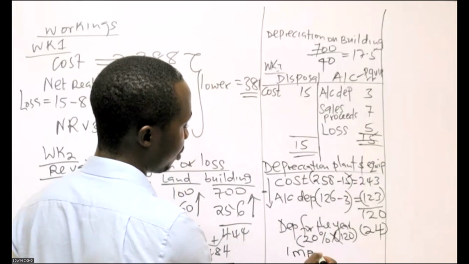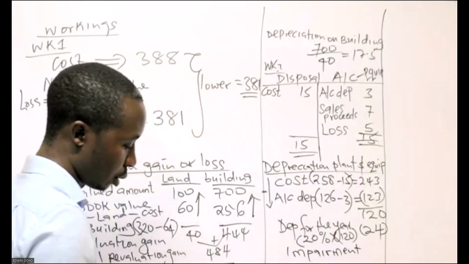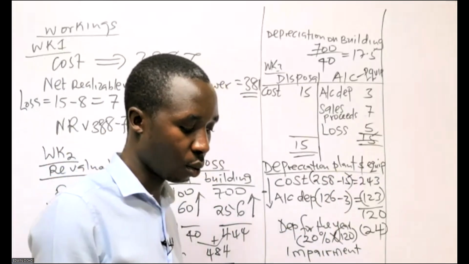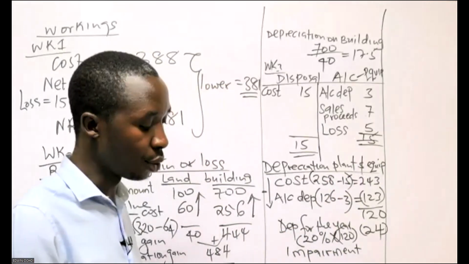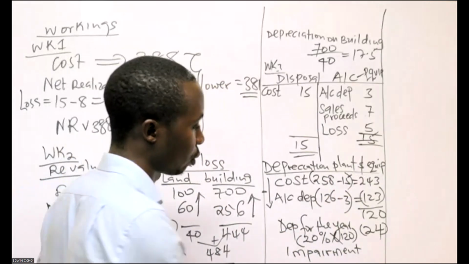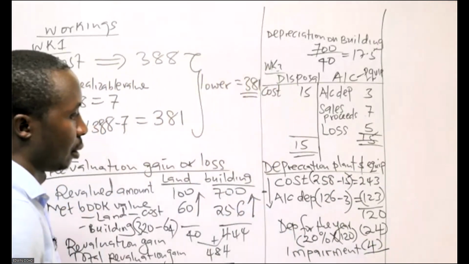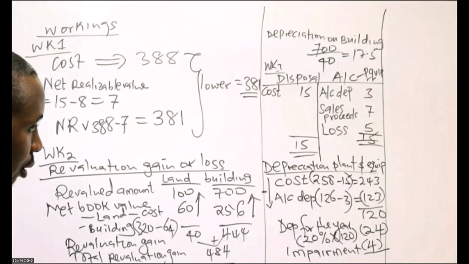And remember, there was impairment, we were told, in note 4. In the last sentence, they said an item of plant was also estimated to be impaired by 4 during the year. So we have to minus. So I'm killing many birds with one stone.